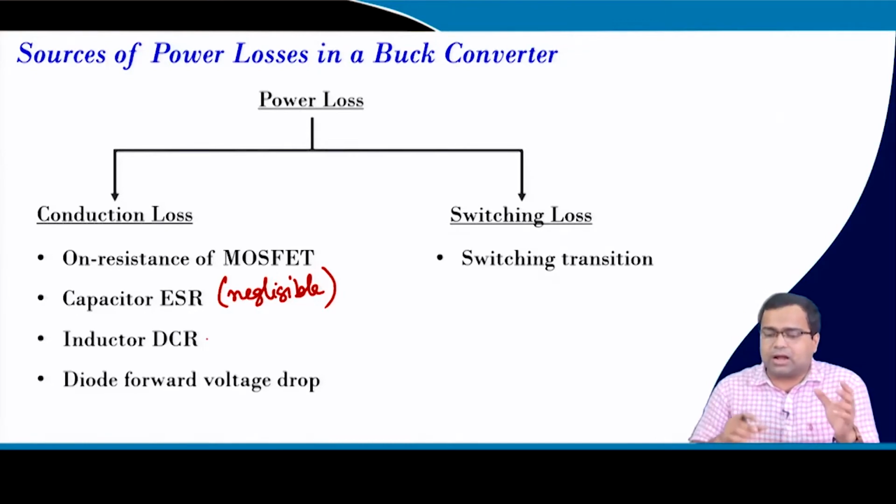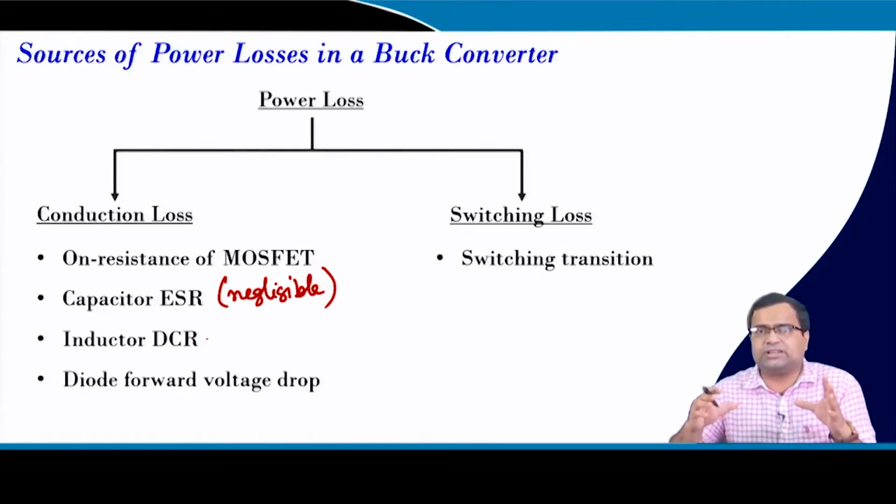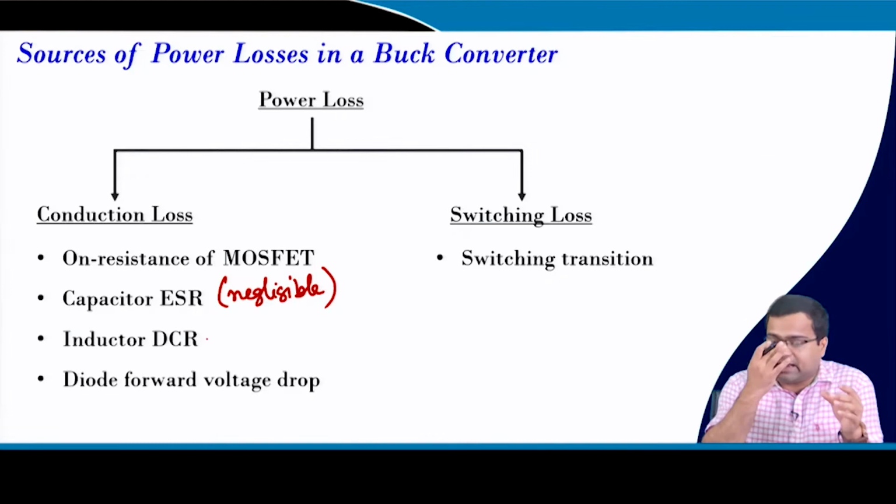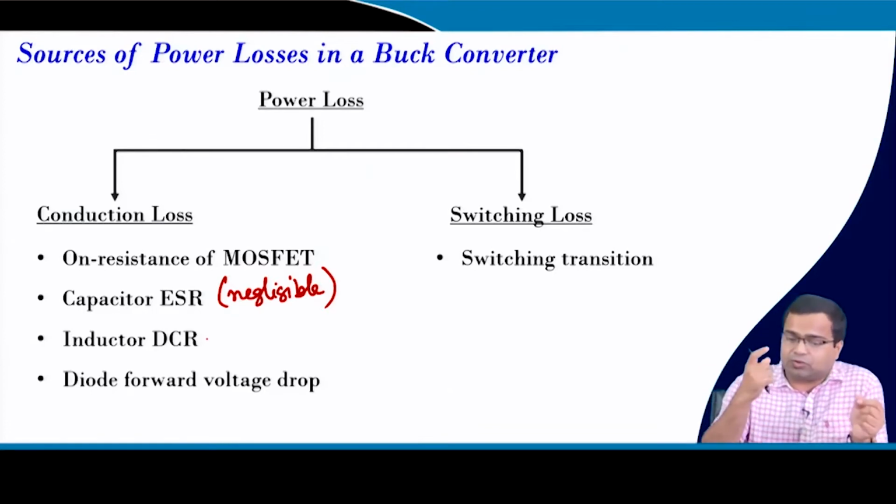loss. Under the switching loss, we will have a switching transition loss, because real switches do not turn on and off immediately. When the switch is on, the current flows through the switch from drain to source and the voltage across drain to source is almost 0.